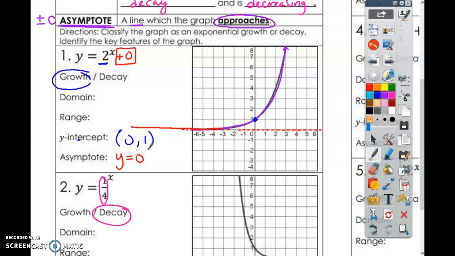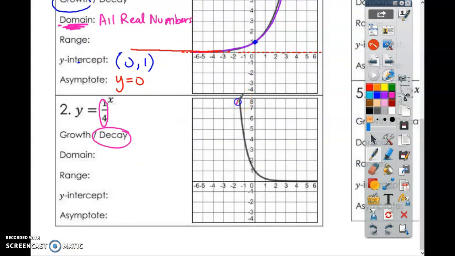Another really easy thing, please know that the domain of exponential functions is always all real numbers. Always. So what's the domain here? All real numbers. Problem number 2, the domain is all real numbers. Why? Because it's going to keep going to the left forever and to the right forever.